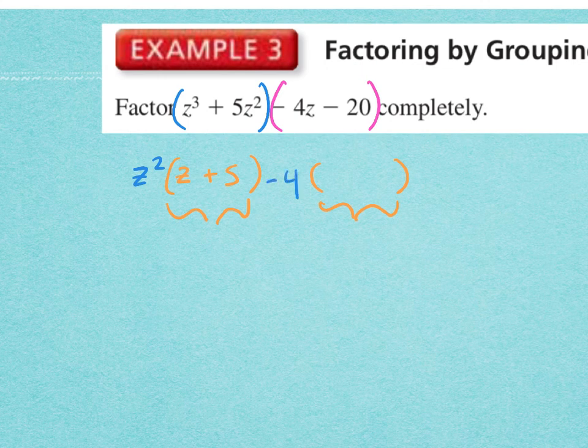So now in our parentheses we would have z plus 5. So we have to have our parentheses be the same thing. So now we take the blue terms that we pulled out, so z squared minus 4 times z plus 5. So we only have one of those z plus 5s.